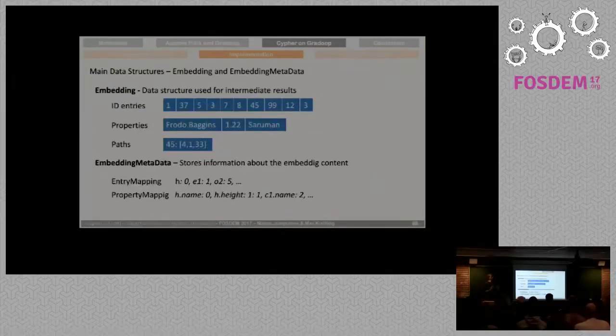So we have to make sure that the data structures we actually send over the network are as small as possible. And since this metadata information is the same for every intermediate result for every step, we can just have one metadata object for every node in the query plan. This basically stores the mapping of which variable in our query graph maps to which entry in the embedding. And the same goes for properties.